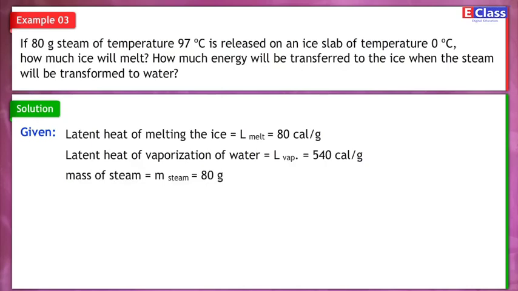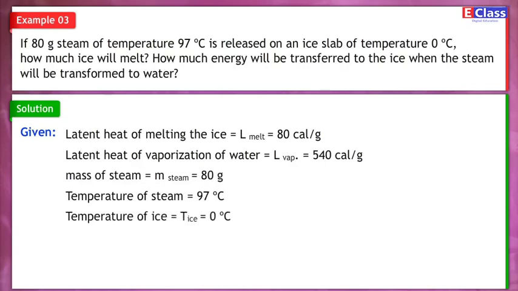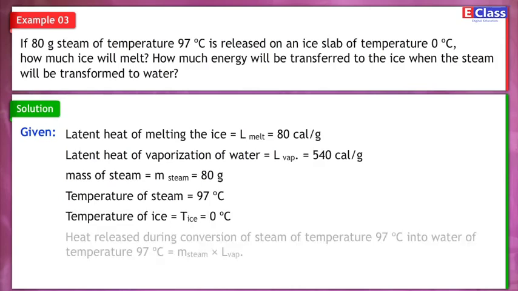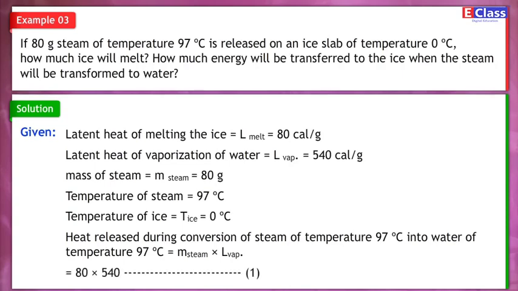Mass of steam m steam = 80 g. Temperature of steam = 97 degrees Celsius. Temperature of ice T ice = 0 degrees Celsius. Heat released during conversion of steam of temperature 97 degrees Celsius into water of temperature 97 degrees Celsius = m steam × L vaporization = 80 × 540.